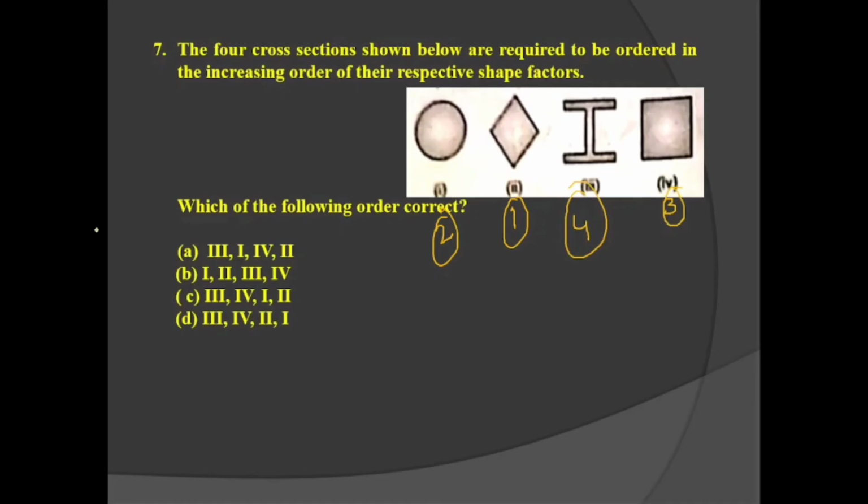Sorry, my mistake, in increasing order the lowest value is 4, then 3, then 1, then 2: 4 3 1 2. So there is a typing mistake here. Option C will be correct, 4 3 1 2. Please make the correction.